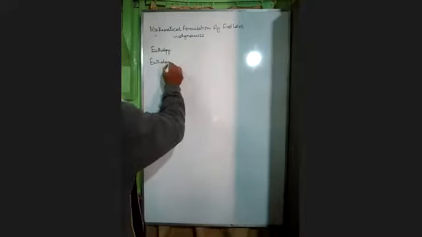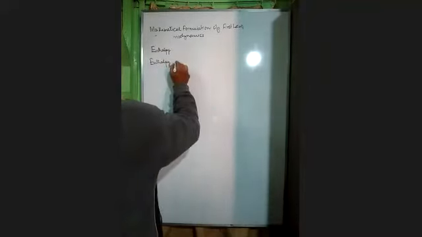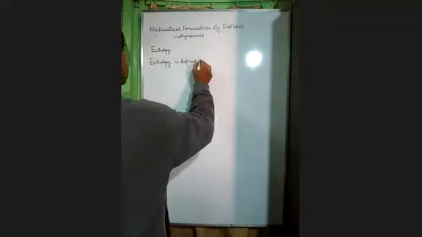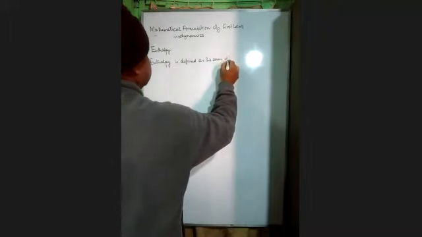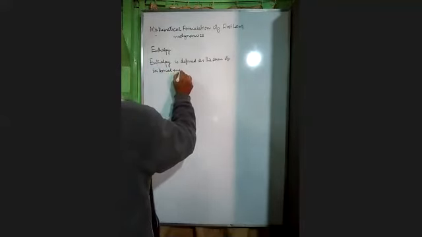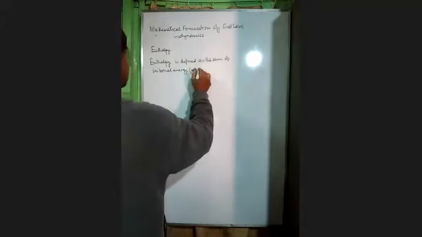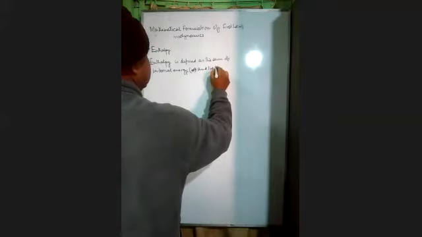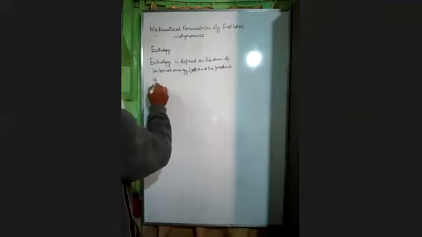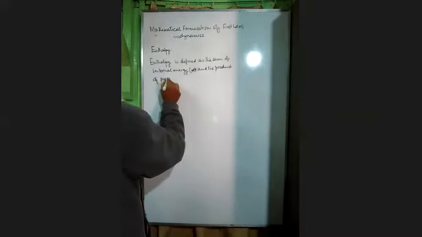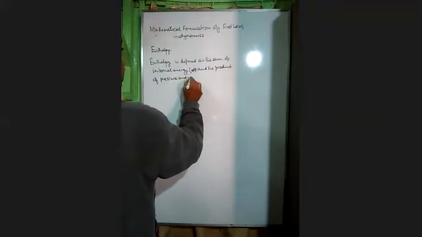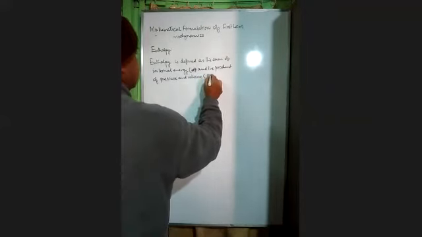So we write, enthalpy is defined as the sum of internal energy, U, and the product of pressure and volume.